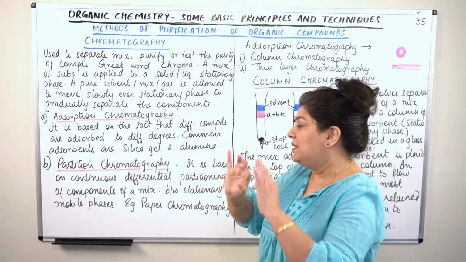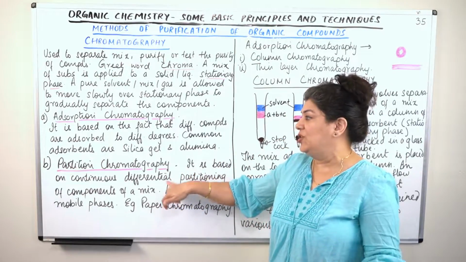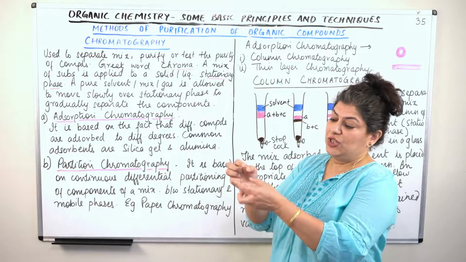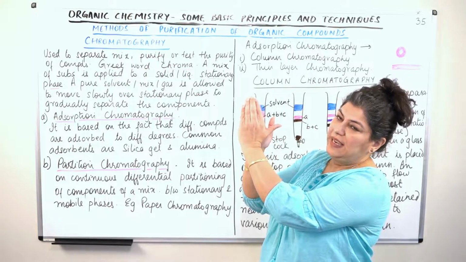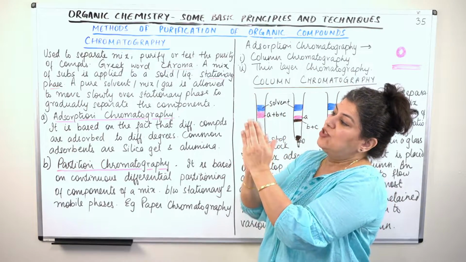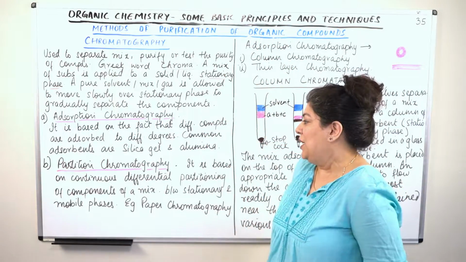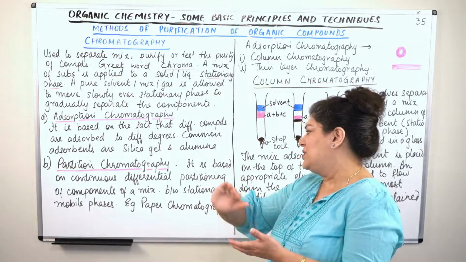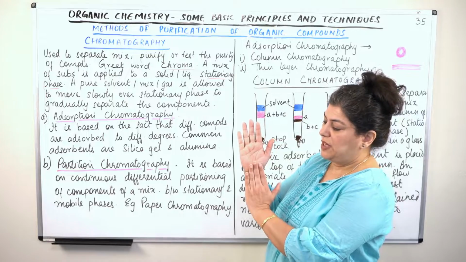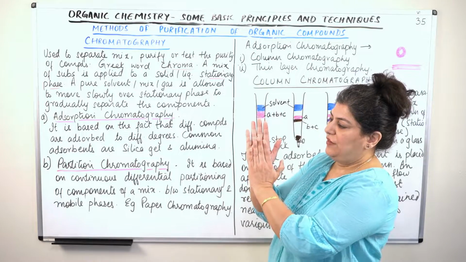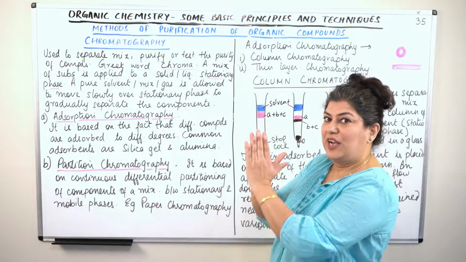The paper chromatography that I showed to you is actually a partition chromatography, where you see the different inks, one ink travels this much, the other colored ink is traveling that much, and then it stops and the solvent keeps going higher and higher. So a kind of partition is created. It is based on a continuous differential partitioning, that as the substance keeps getting absorbed through the surface of the substance, the partition keeps happening, and it's kind of a continuous process.